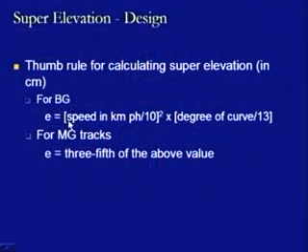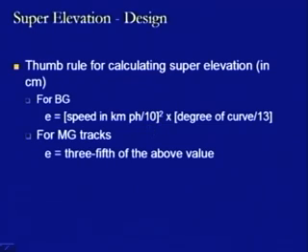Now, there is another way of finding out the value of the super elevation in the field. There is a thumb rule for calculating it, and this value will give the value in centimeters. In the case of broad gauge, it is given as the speed in kilometers per hour divided by 10, squared. As we have seen in the previous case, the speed was 80.